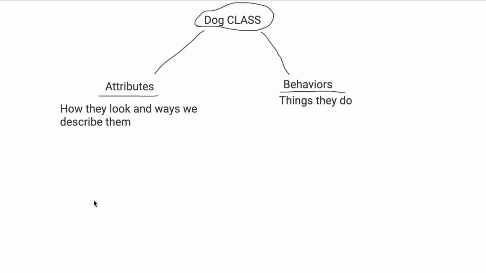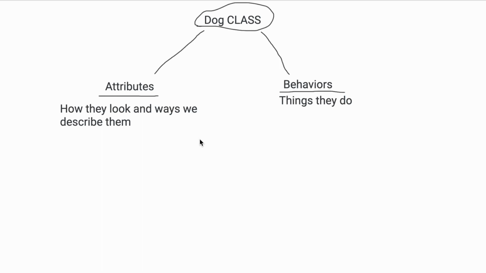These are all attributes or ways that we can describe how they look. I'm not telling you anything about my dog right now. I'm just telling you that I know these things. I will be able to tell for every dog a color, a name, a weight, and so forth.